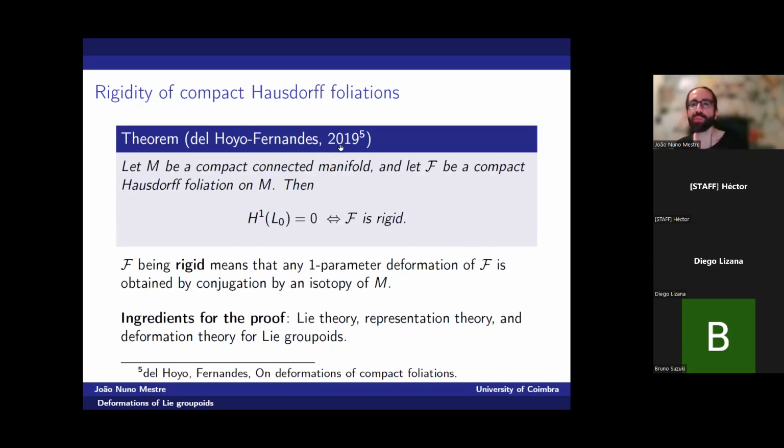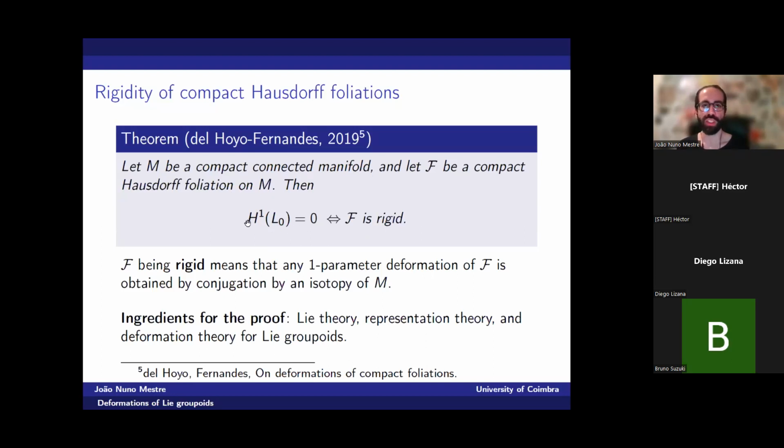del Hoyo and Fernandes proved some years ago, three years ago, that if you have a compact and connected manifold and a compact Hausdorff foliation on it, then the foliation is rigid if and only if the first de Rham cohomology, or the first cohomology of the generic leaf, is 0. Okay, so it's a criterion, a complete characterization of rigidity of compact Hausdorff foliations on compact connected manifolds.